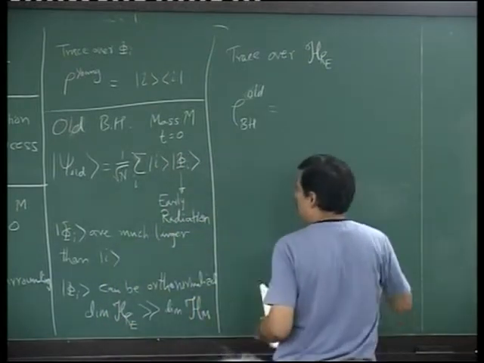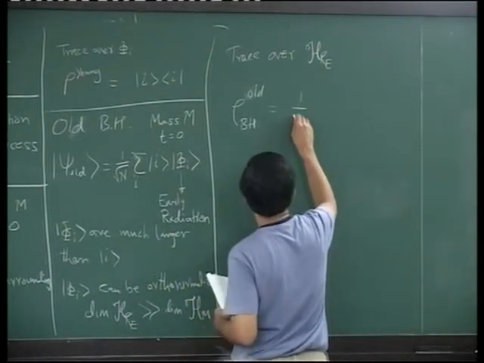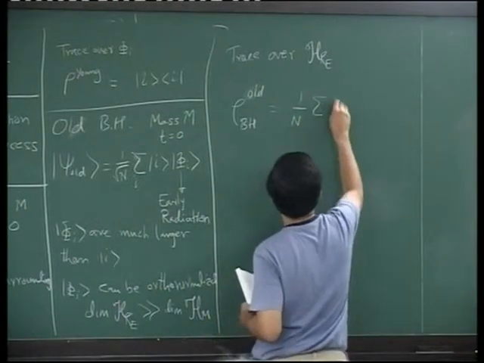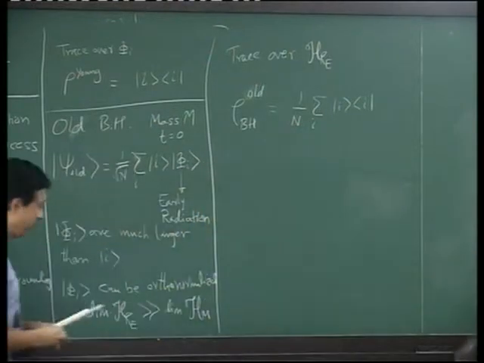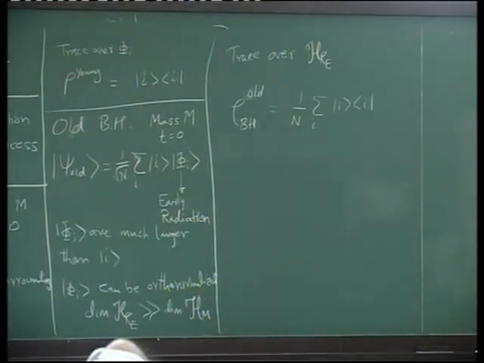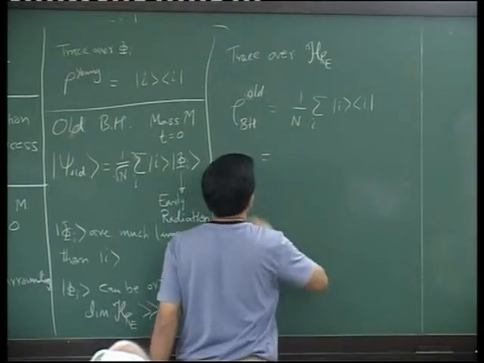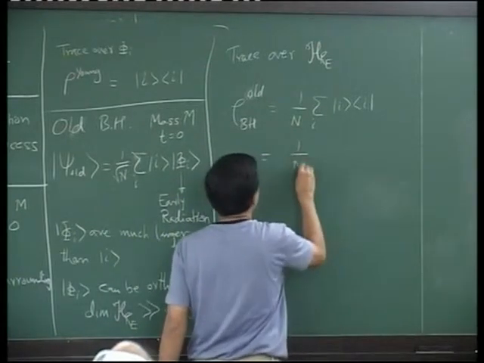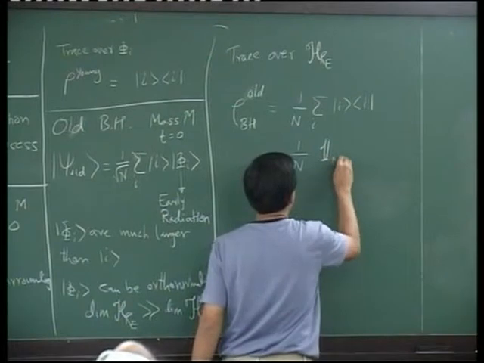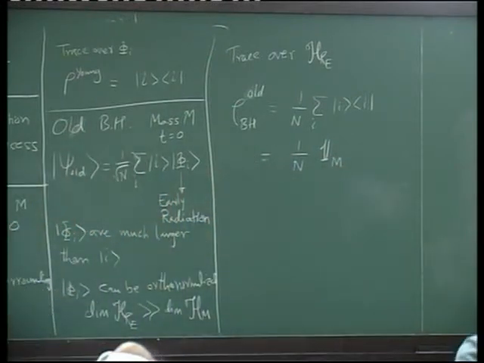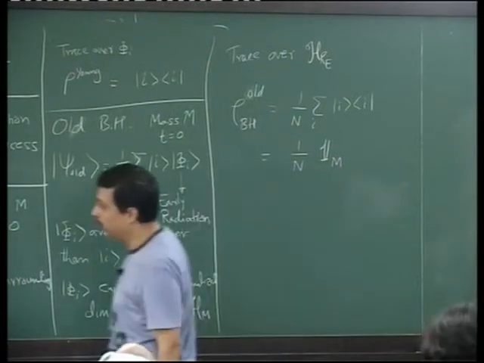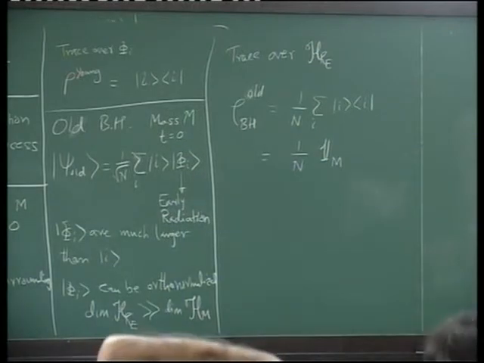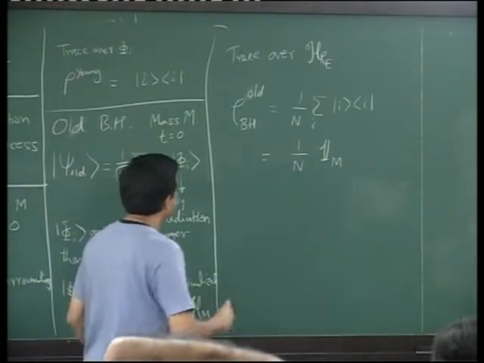This can be written as 1 over n summation. So this basically corresponds to some identity matrix corresponding to the black hole of mass M. Okay. So this n doesn't mean the dimension of that is n, but the dimension of that is e to the 4 pi M squared actually. Okay. Fine.